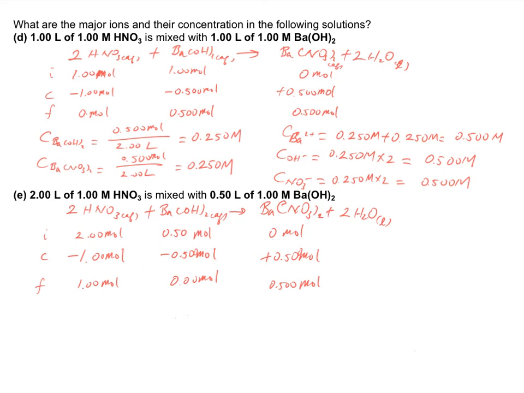So how about the concentrations of the major ions? First, the concentration of the excess reagent, nitric acid, is 1.00 mole over 2.50 liter, that is 0.400 molar.